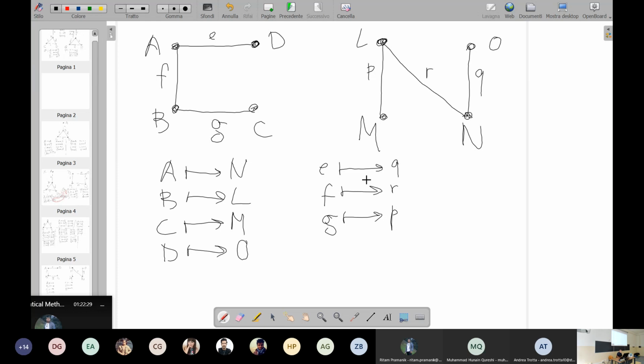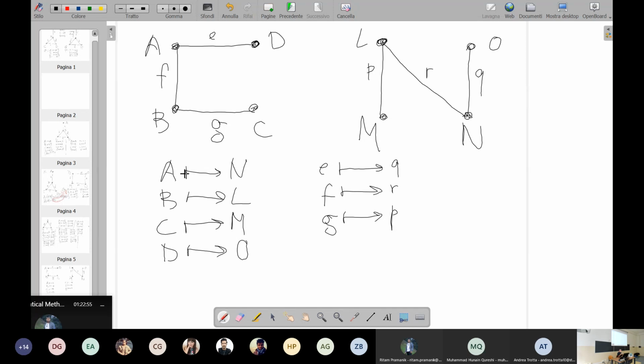Let's check what happens to F. F has A and B as ends. Its corresponding edge has ends L and N. Yes, but L and N are exactly the vertices corresponding to B and A. So our condition is satisfied, and these two graphs are isomorphic.